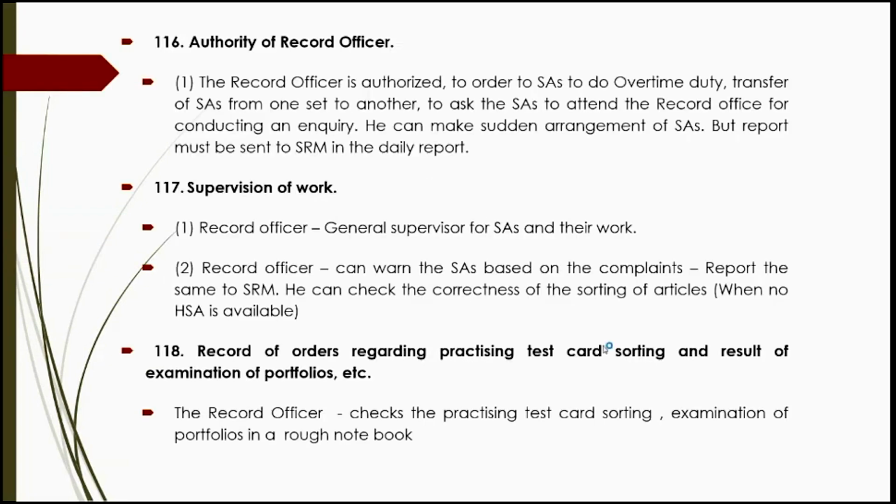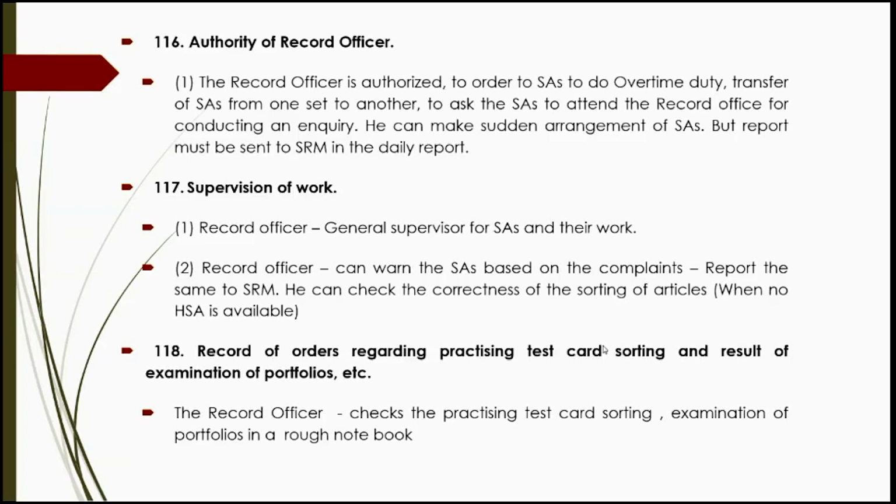So, what is the authority of the record officer? What is the power? A record officer, if he wants, can order a particular sorting assistant or the sorting assistants to do overtime duty. They can transfer one sorting assistant from one set to another set.